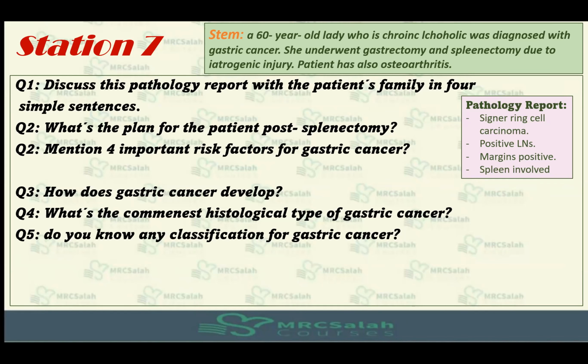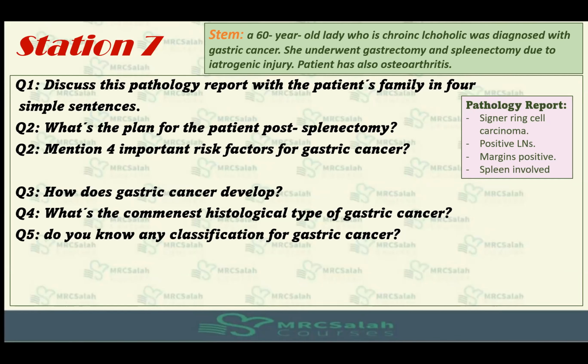Okay, so for the WHO classification, there is tubular, also papillary gastric cancer. There is cohesive, and there is poorly cohesive, and there is mucinous, and the last one is mixed. Yes, great. And for Lauren classification?